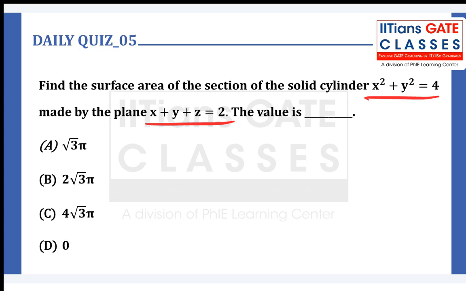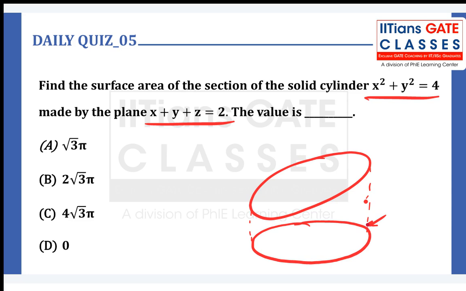This is a difficult question, I will be honest with you. What you are trying to find out is some area like this. If you take the projection on the xy plane, this will be a circle, x square plus y square equal to 4.